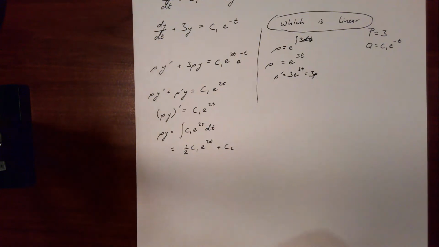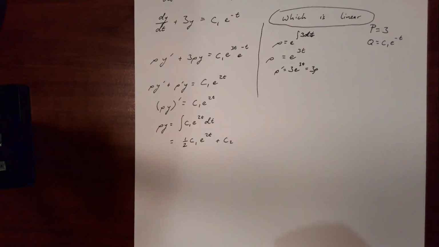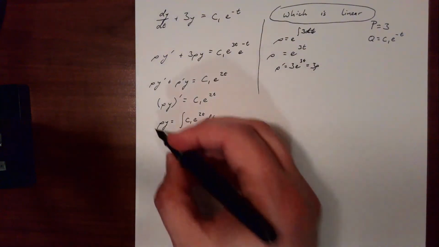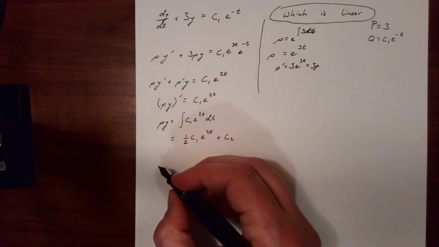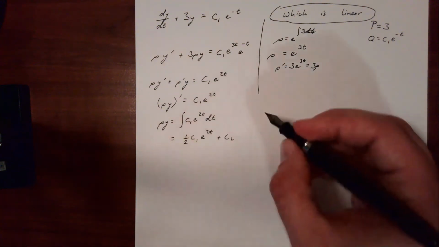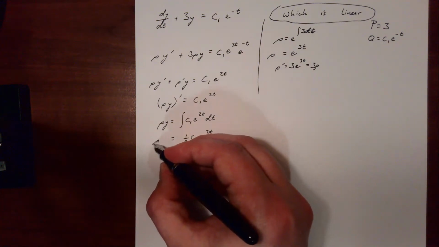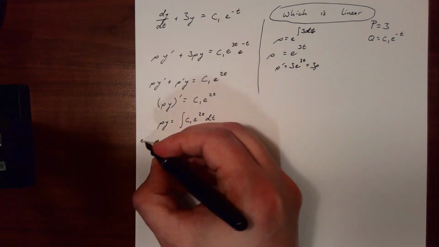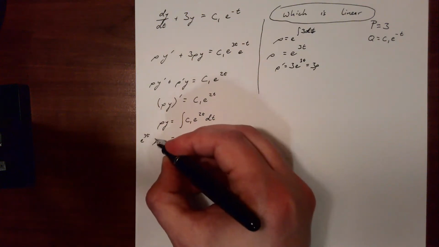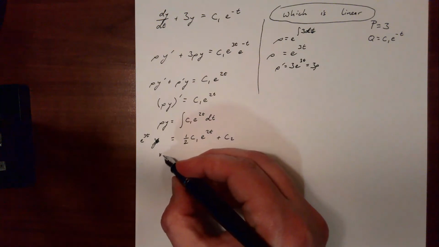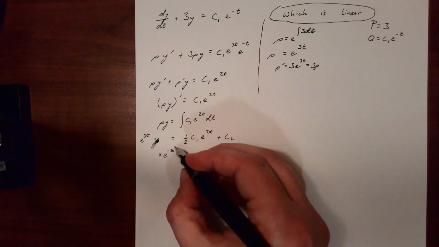So we've got now a second constant, and we'll multiply by 1 over rho here to divide that. In other words, and here actually I might as well put in what rho was. It was e to the 3t y. So then I'll multiply both sides by e to the negative 3t to cancel it.